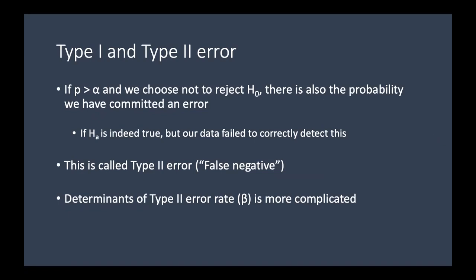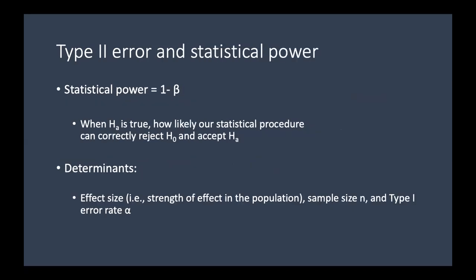We've also known that beta is determined by alpha level, effect size, and the sample size. And again, statistical power is 1 minus beta.